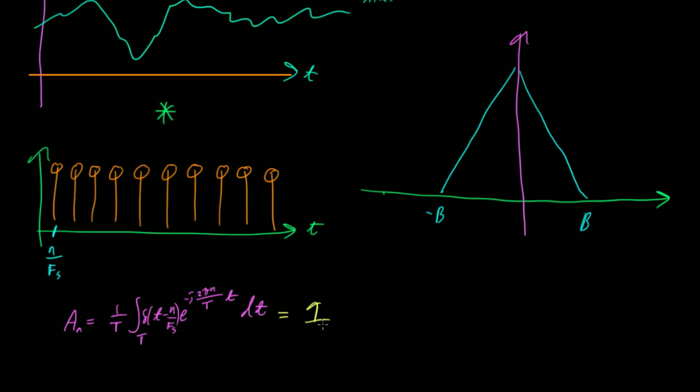If n were something other than 0, it would be e to the negative j something. I don't know the actual proof behind it. I'm just saying this is a definition where the integral of an impulse times anything is equivalent to the coefficient of the impulse originally, which here is 1.